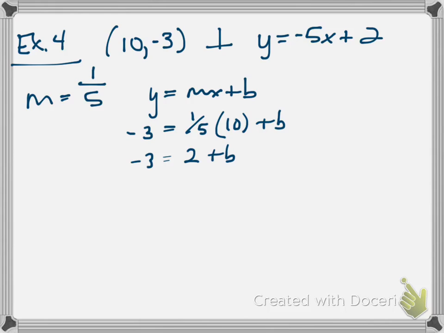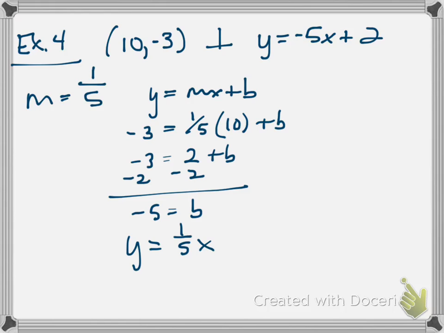Plus b. Now what? Subtract 2. End up with negative 5 equals b. And my equation is y equals 1/5 x minus 5. There you go.